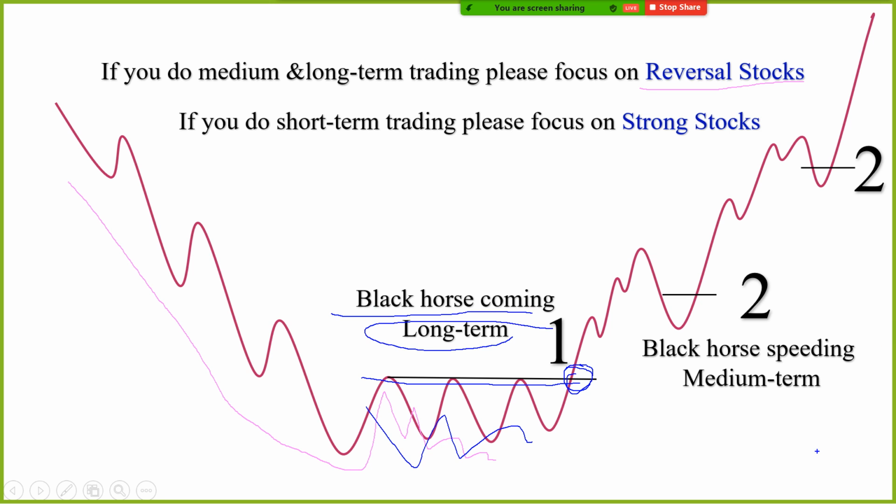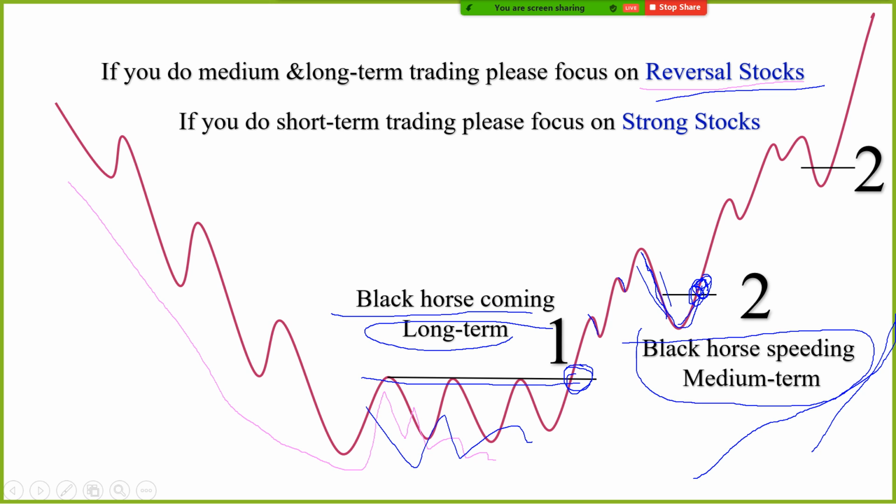Then in a long-term uptrend, if we find a short-term retreat and a medium-term correction, then rally up. So that is a long-term uptrend, medium-term retreat, then medium-term rally up. That is a medium-term reversal buy point. We call it a black horse speeding.